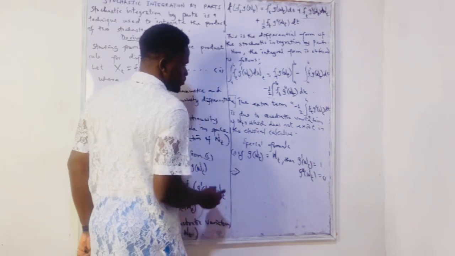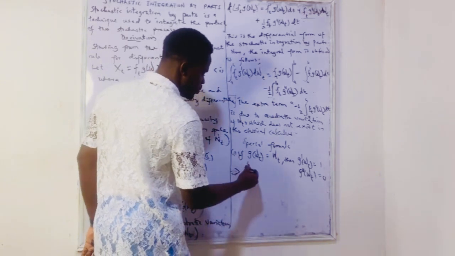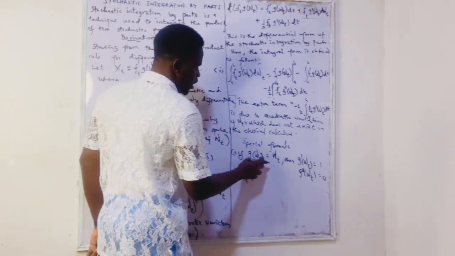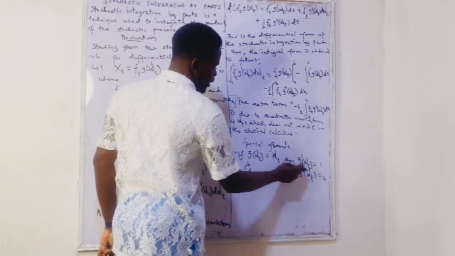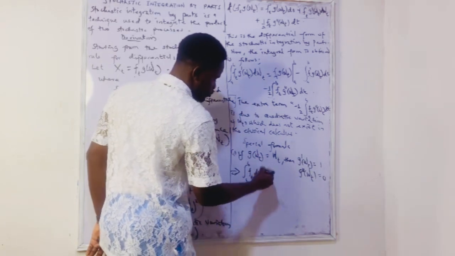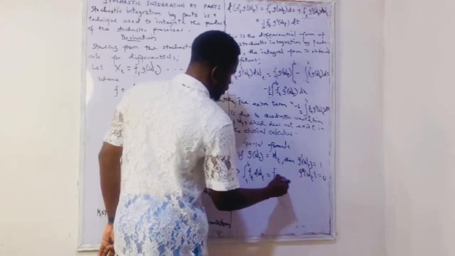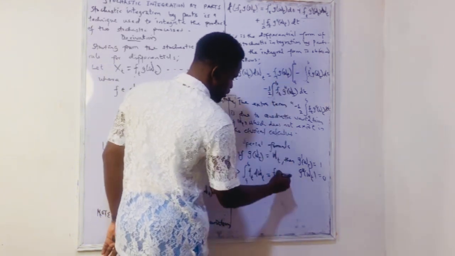That implies that our formula now will become integral from a to b f_t, our g of w is w, and the first derivative is 1, that would be 1. We will be left with w_t equals f_t, and this is given to w_t now.